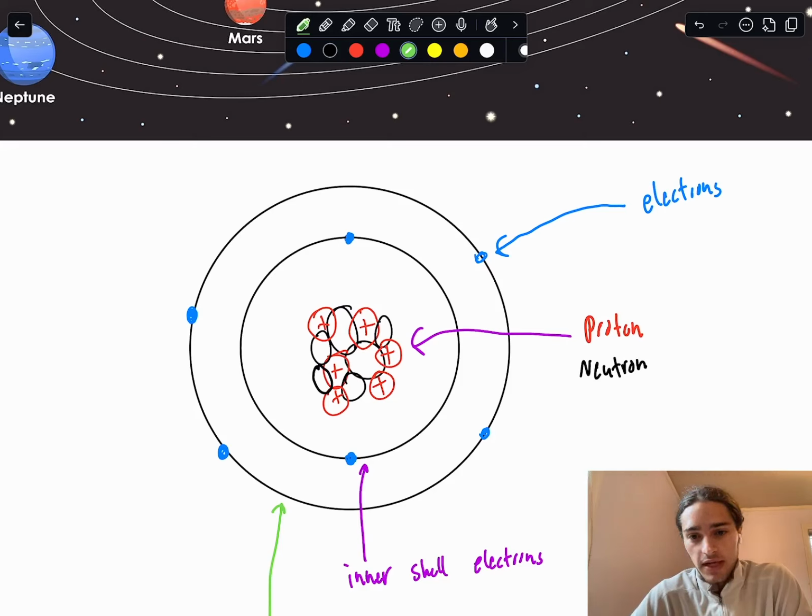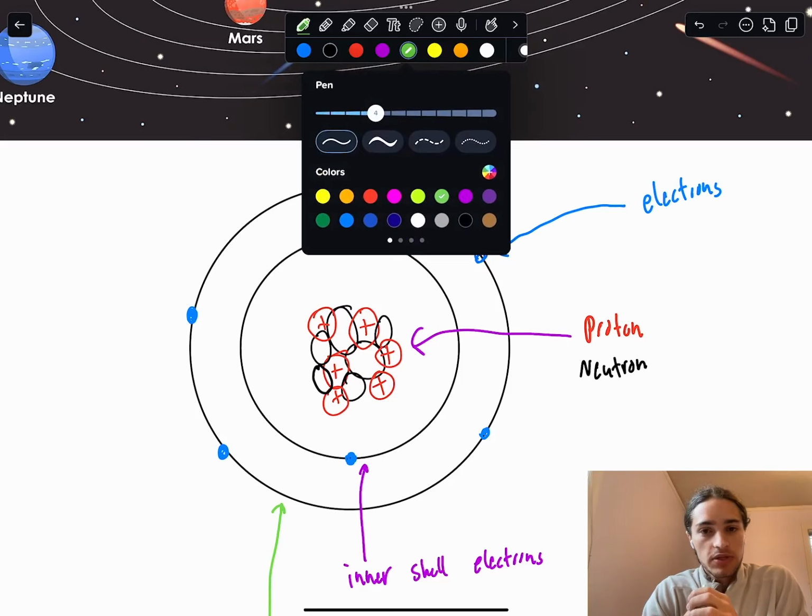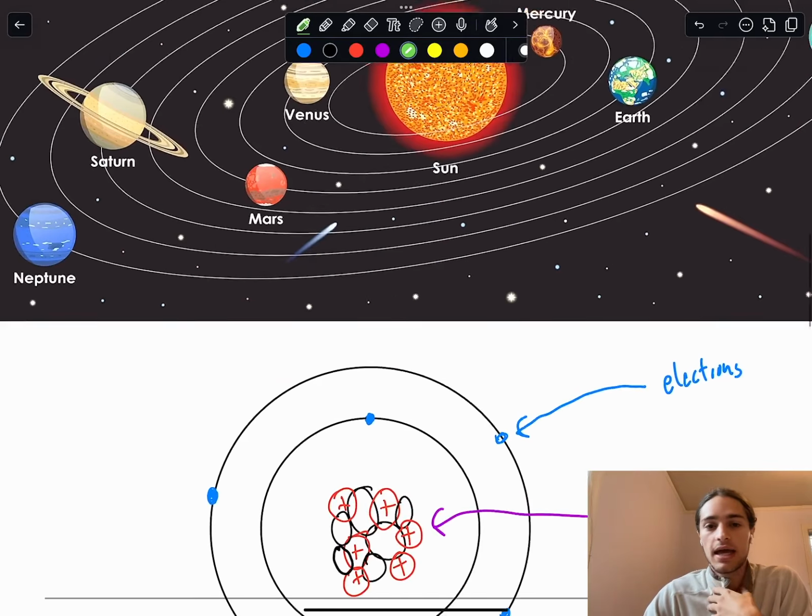So instead of using gravity, obviously, what it's using is the fact that the protons are positive and the electrons are negative. So they're super attracted to each other, right? It's also similar to magnets where you have two ends that are lined up and are attracting each other. So that's what the protons and electrons are doing.